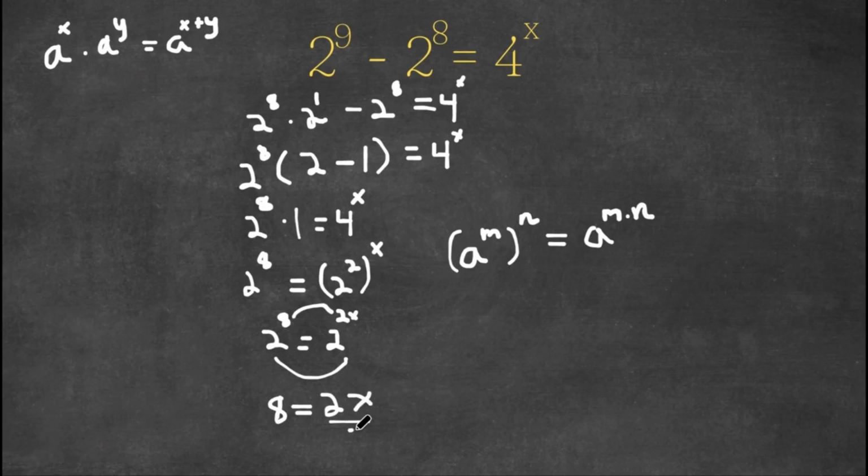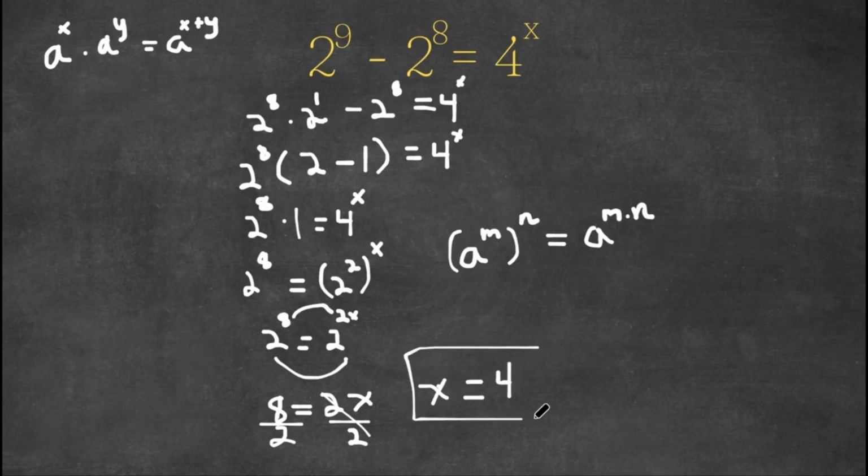If we divide by 2 on both sides, these two cancel out, and we get 8 divided by 2 equals x, and 8 divided by 2 is 4. So x equals 4, and this is our answer.